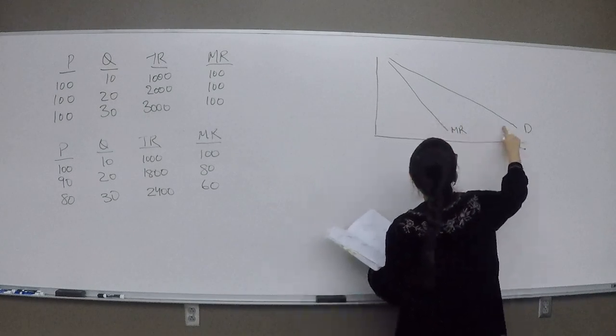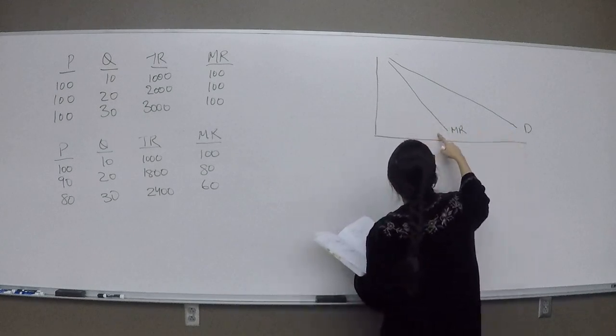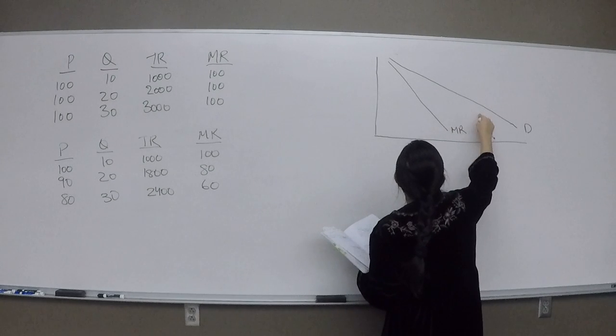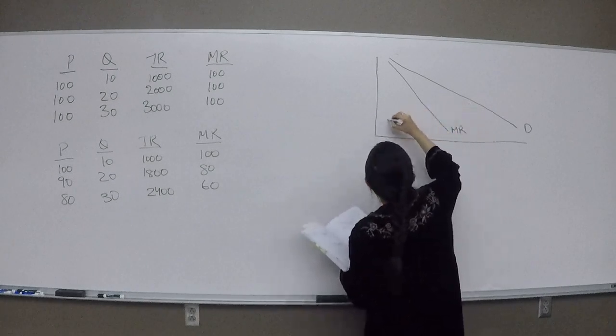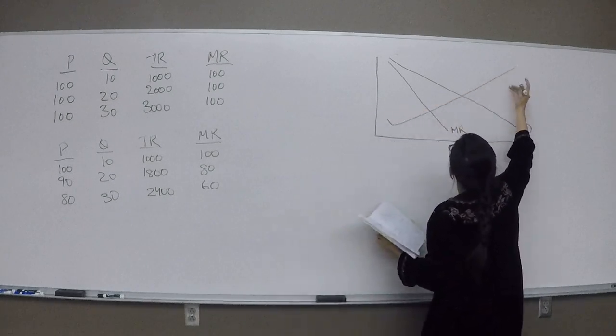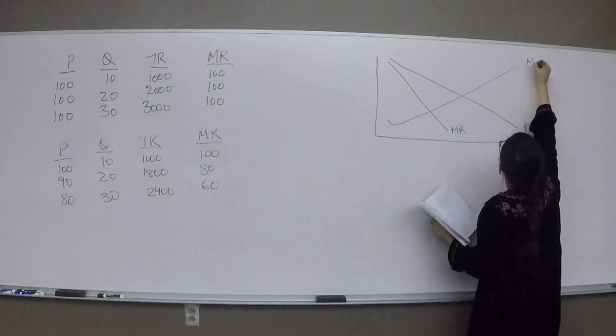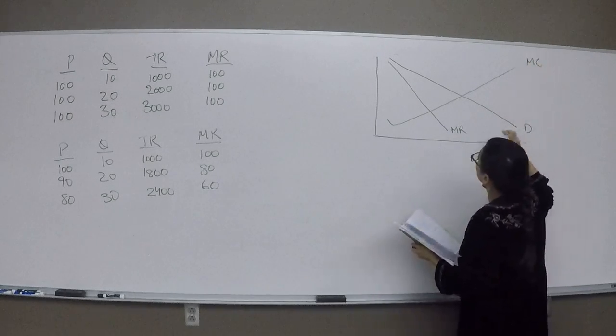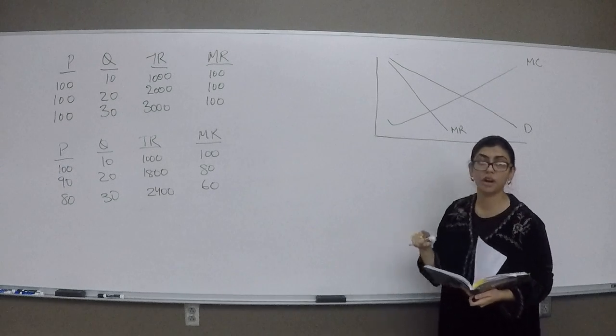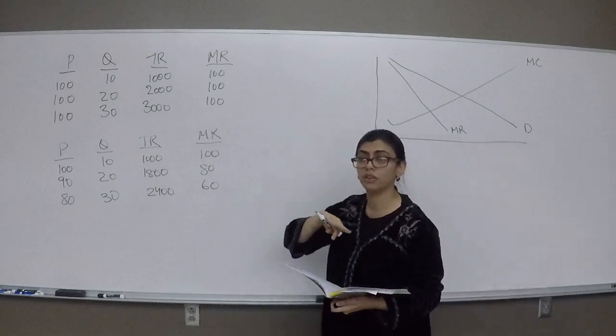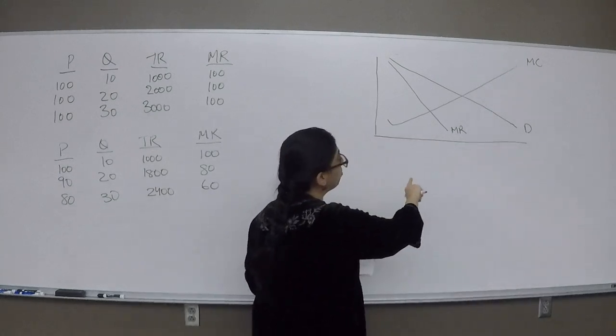So we have a separate demand curve and we have a separate marginal revenue curve. They're not the same. In competitive market, they were the same, right? Marginal revenue and demand were the same. In monopolist, they're not the same.